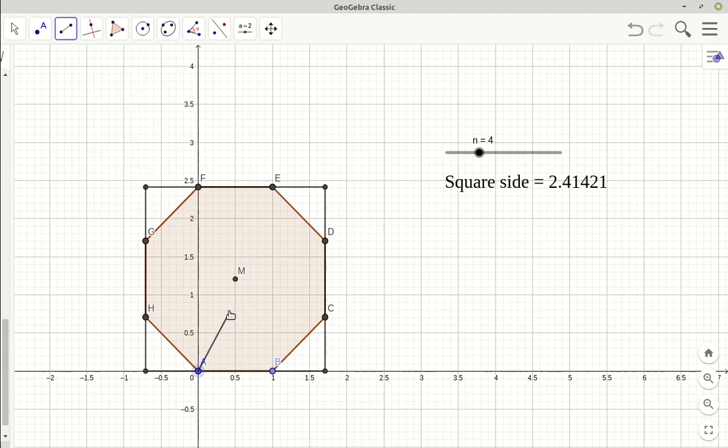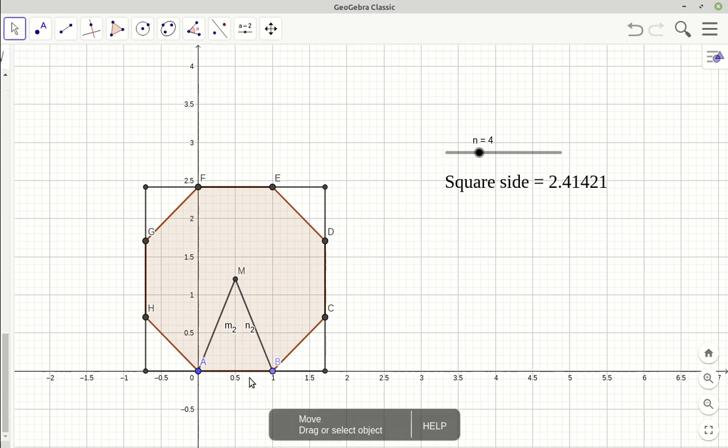We need to draw an isosceles triangle here, where M is the midpoint of this regular 2n-gon. Its base length is 1, and if we are able to find the height of this isosceles triangle, then 2 times this height is going to give us the side of this square.